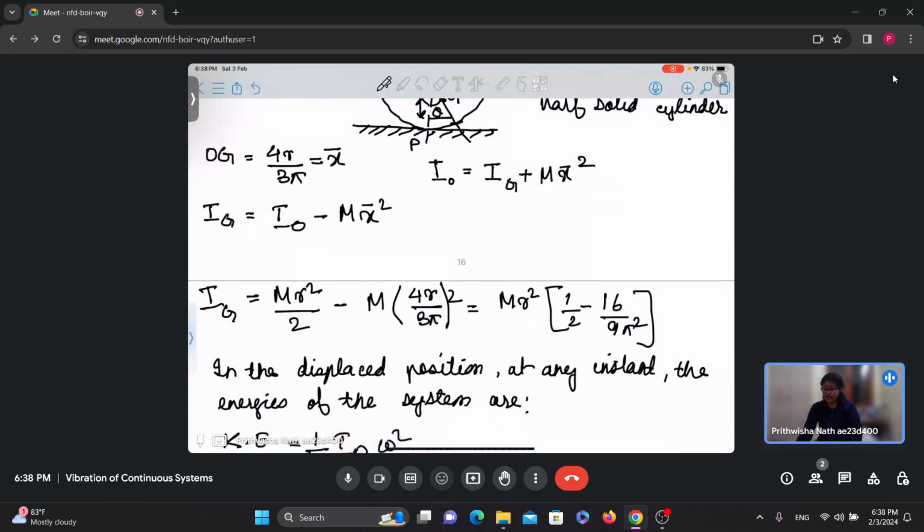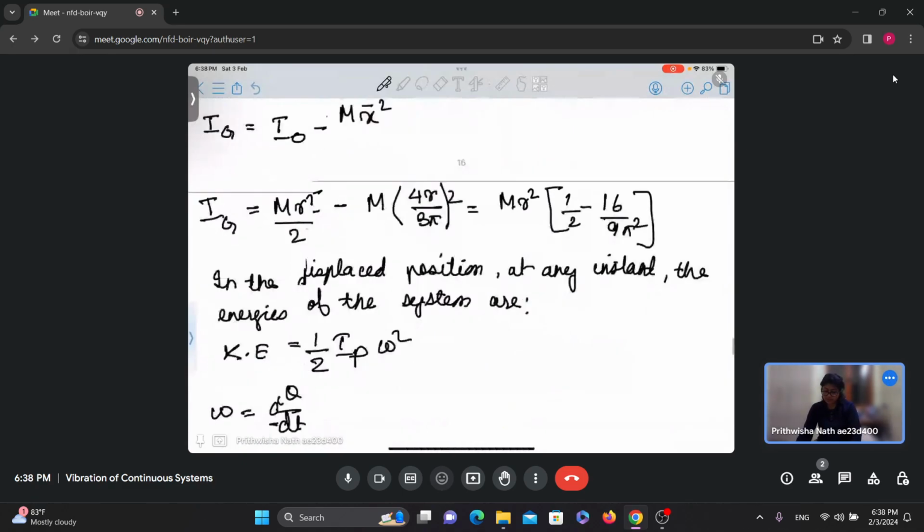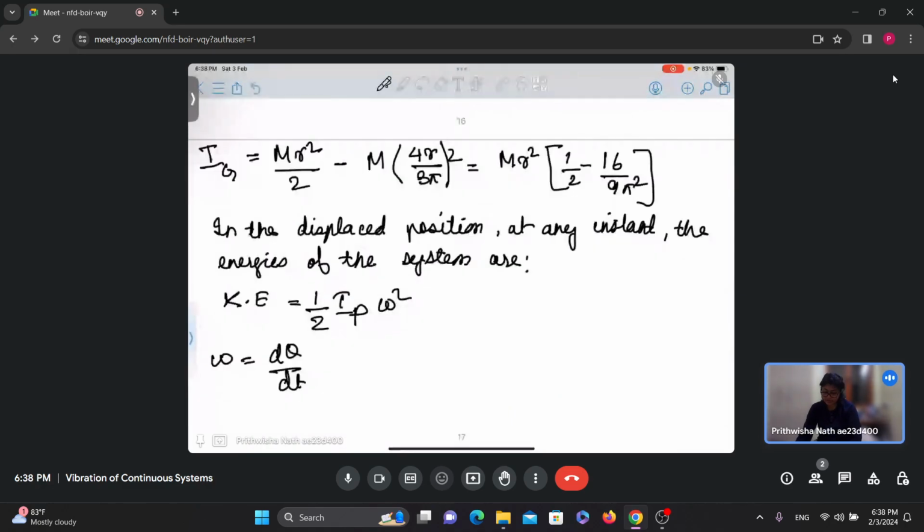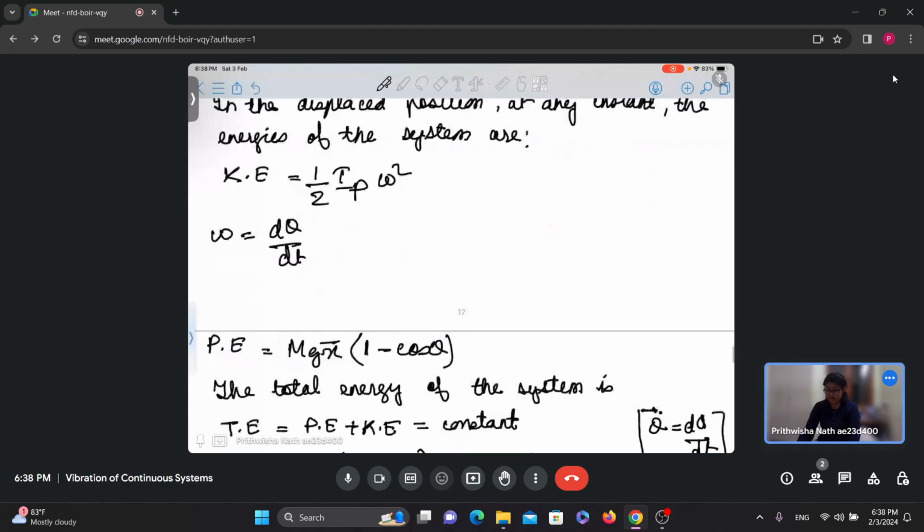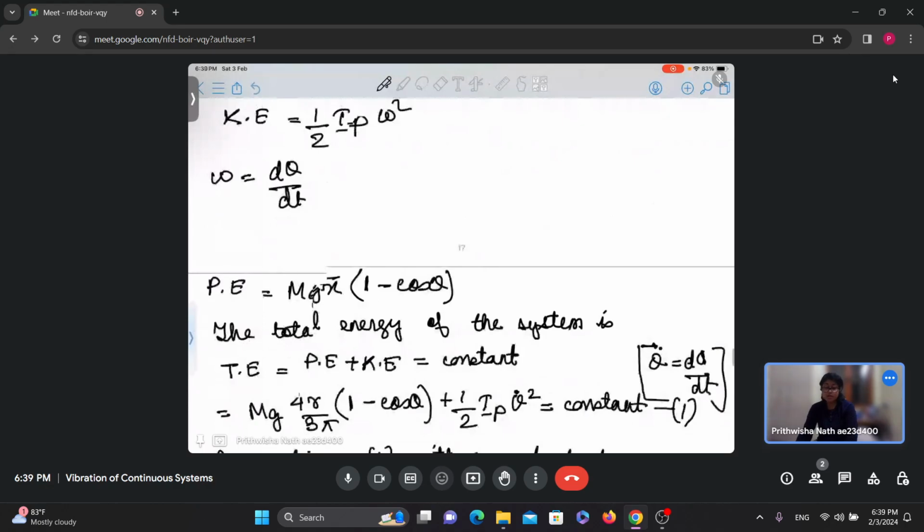Now it is said that this is displaced slightly from its equilibrium position. So we can write the kinetic energy as half Ip into omega square, and omega is d theta by dt. Potential energy also can be written as mg x bar into 1 minus cos theta. So we know that the total energy of the system remains constant.